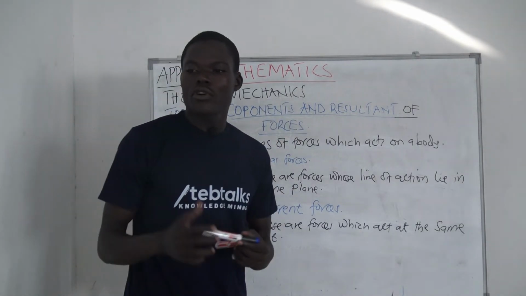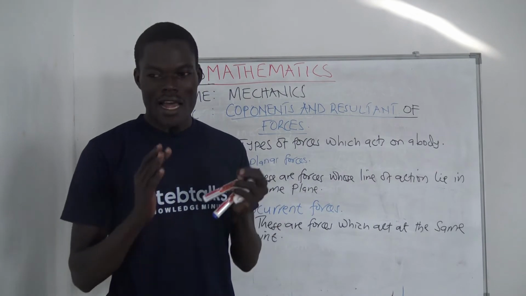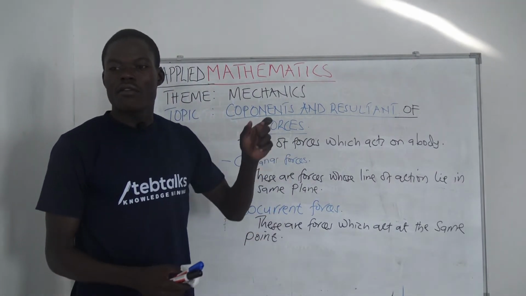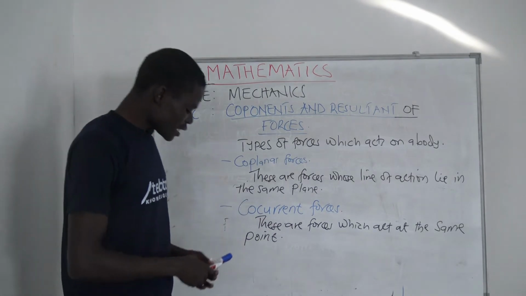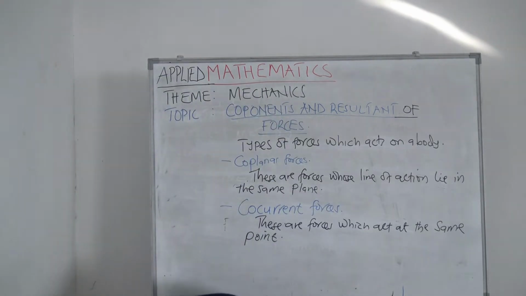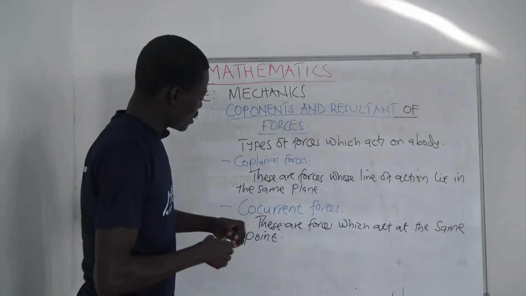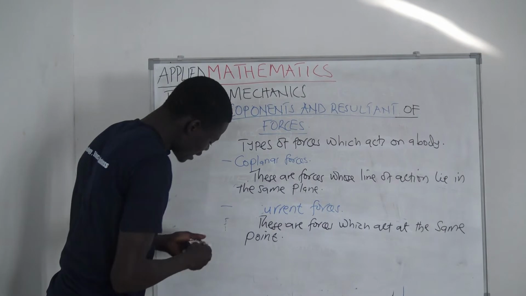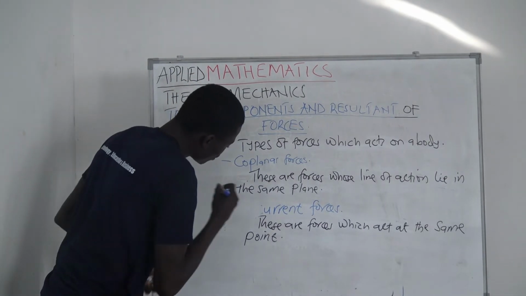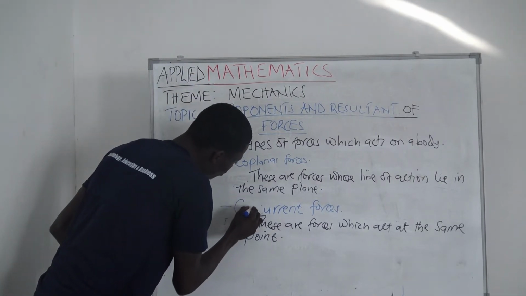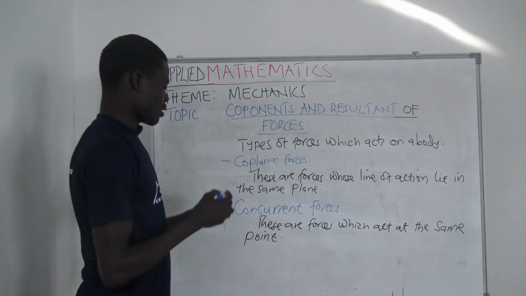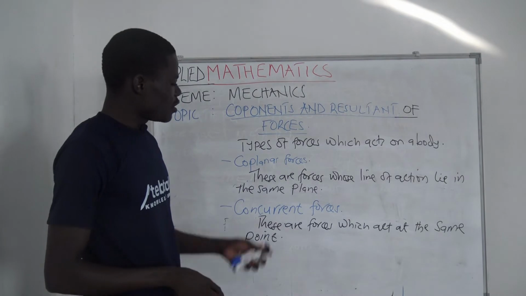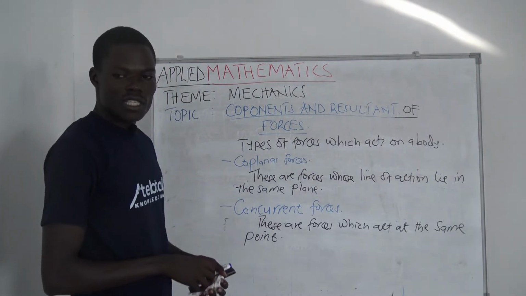These are the type of forces which act at the same point. Those are what we are calling concurrent forces. So these are the two types of forces which we have.